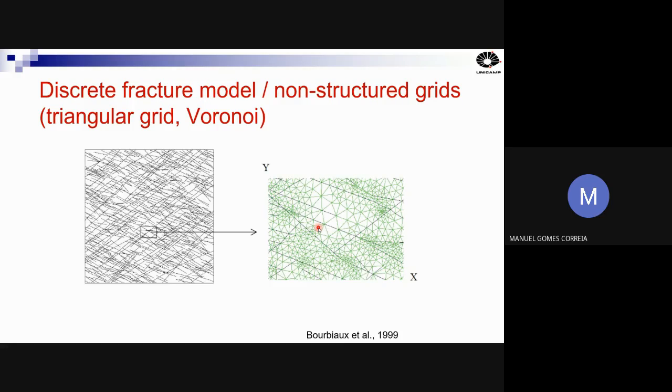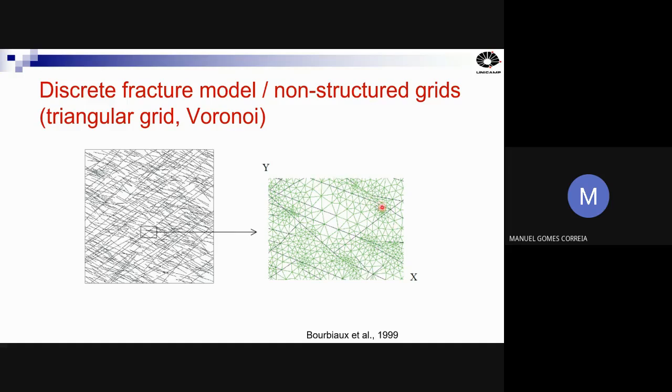Here you have another example of these non-structured grids. So people pick up the discrete modeling that we have done, and they put it in this kind of grid again. So you can see that the fractures are represented here in the middle and in the interface between this kind of matrix blocks.